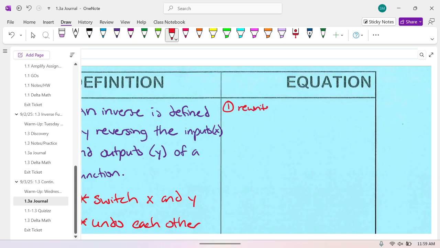So you would first rewrite the equation switching the x and y. And what I mean by that is I literally mean if you have y equals 2x, when you switch x and y, it is now x equals 2y. All right, I literally mean flip-flop the position of the variables.